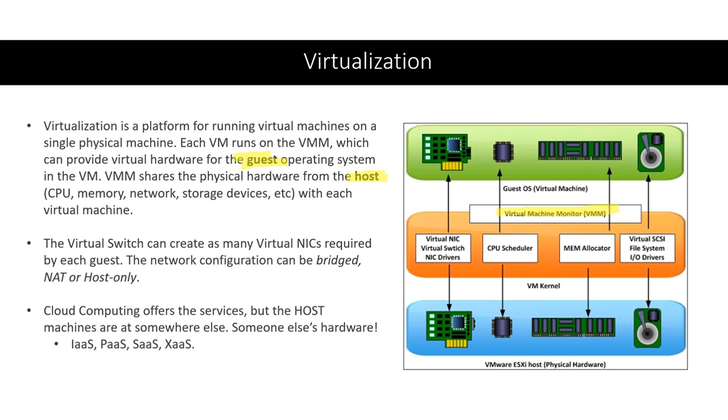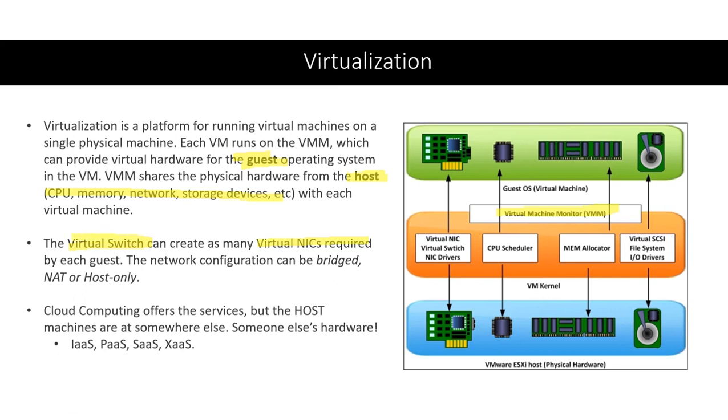So from the original host, you can allocate whatever you want for hard drive, memory, and CPU that your guest requires, right? All that CPU, memory, network, and storage can be allocated from your virtual machine monitor, or what's also called the hypervisor.